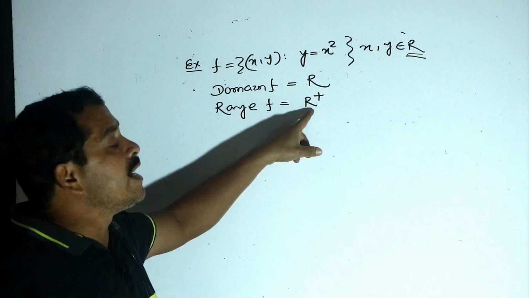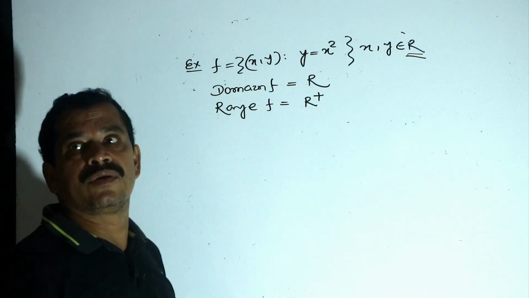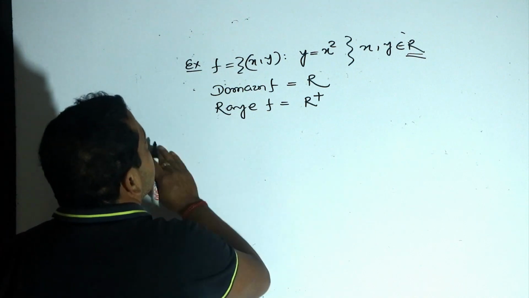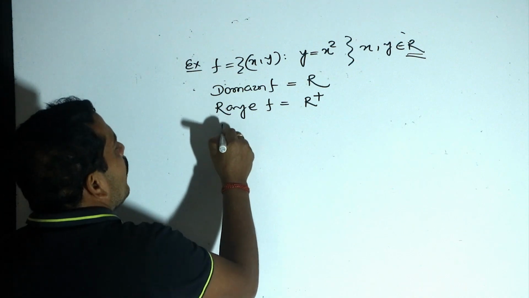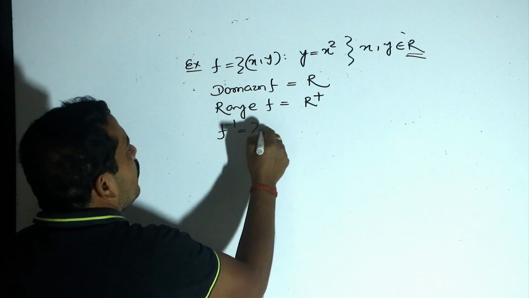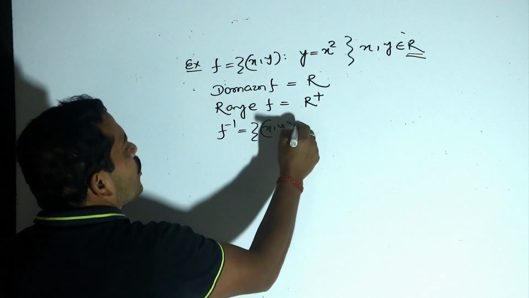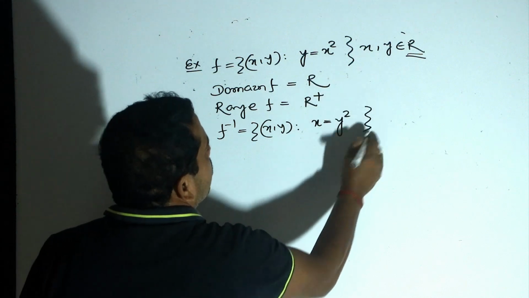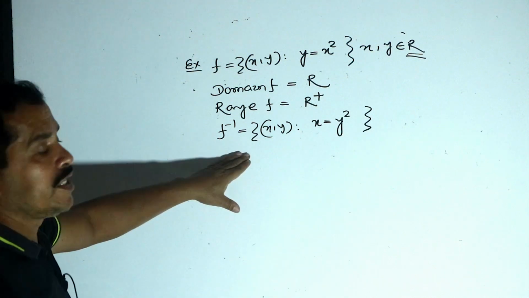So the range of the relation will always be positive real numbers, so R plus. And f inverse will be {(x, y) such that x = y square}. This is the inverse relation.